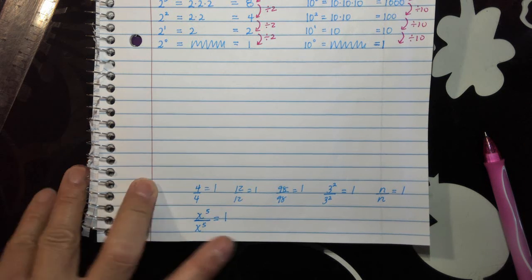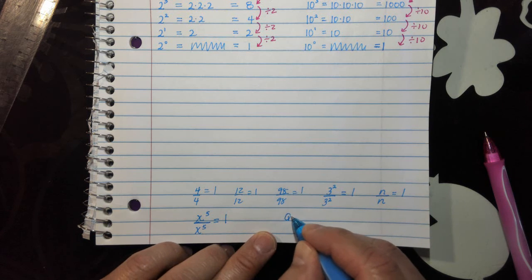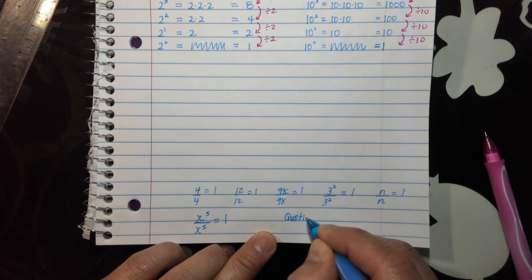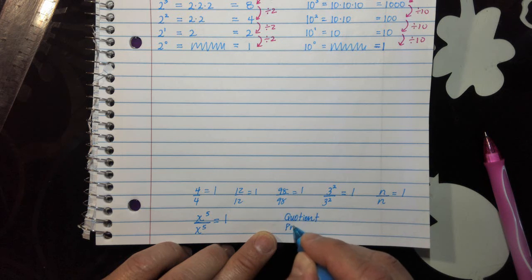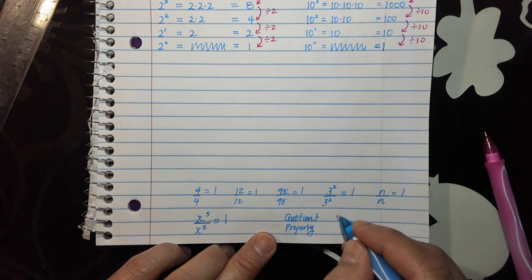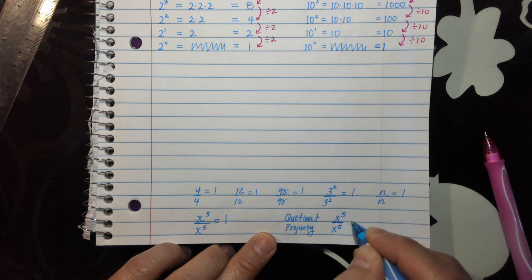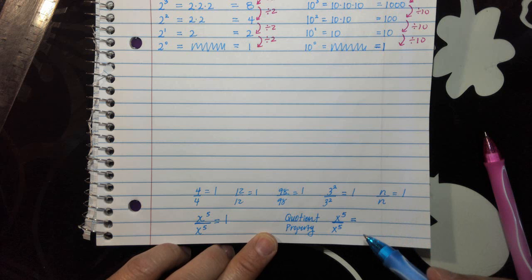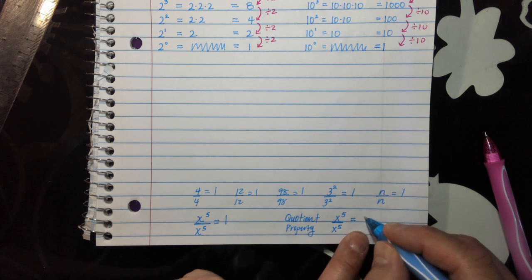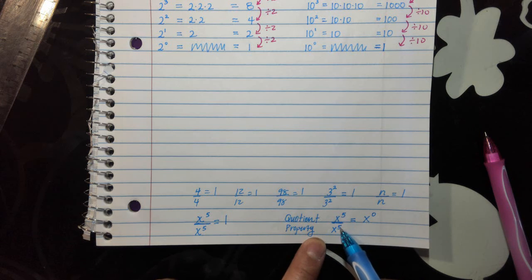Fact. And then yesterday's lesson, which was called the quotient property of exponents, says when you're doing a division problem, you subtract the exponents. So x to the 5th divided by x to the 5th, this is just a different way to look at it, is x to the 0, because you subtract 5 minus 5, which is 0.